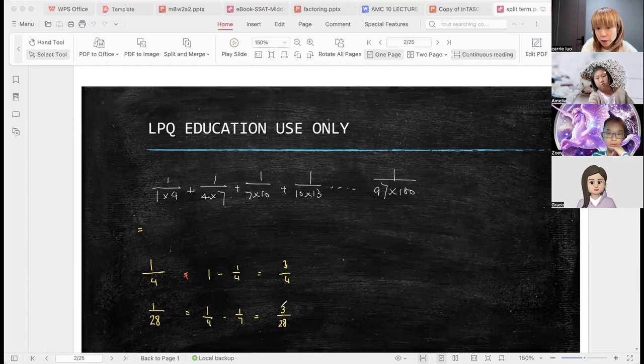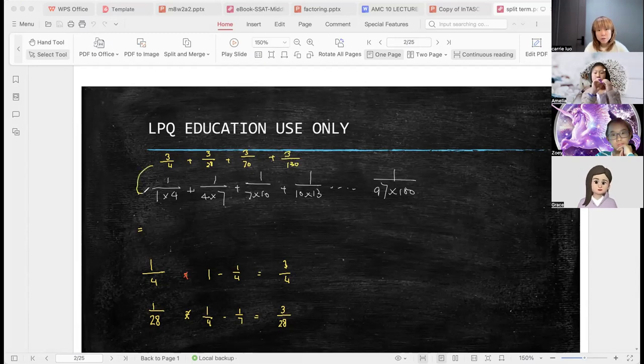We did it earlier, the earlier question, right? So it's not equal to 1 over 28. So now I want you to remember the earlier question, the one we just finished: 3 over 4 plus 3 over 28 plus 3 over 70 plus 3 over 130.